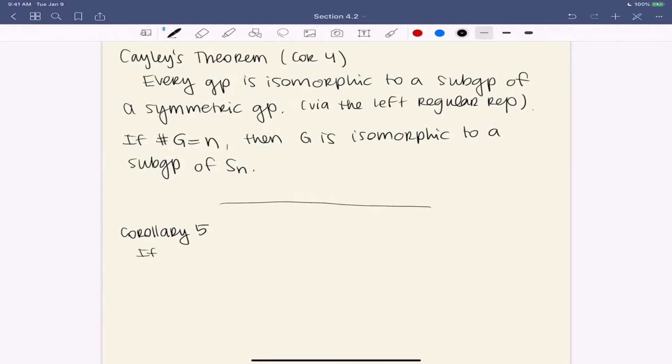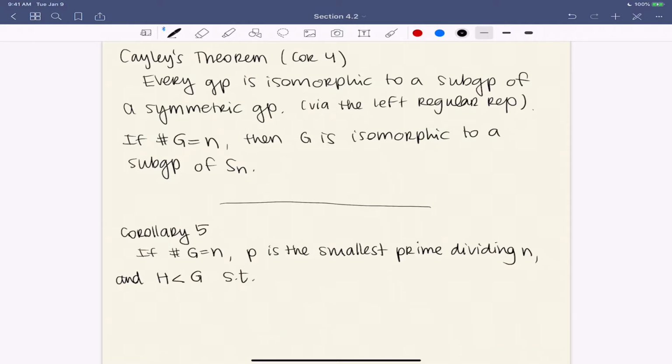If G is a finite group of order n, and P is the smallest prime dividing n, and H is a subgroup of G such that the index of H in G is P, then H is normal.